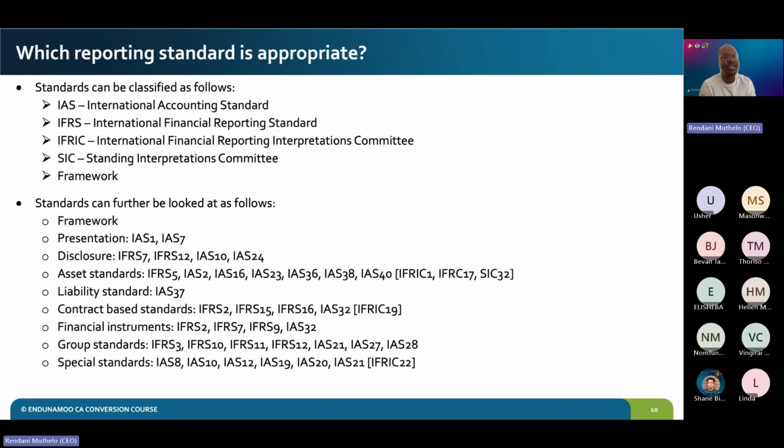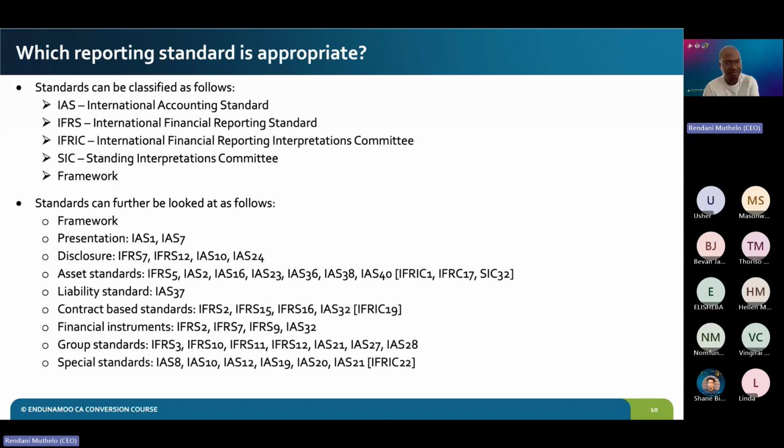It will give us a basis to present financial statements. That's IAS 1. It is the one that tells us that there are actually the statements that I've mentioned. But its counterpart, or its buddy, is IAS 7, which is the statement of cash flows standard. That is what the presentation standards do. They help us to know where to present stuff.